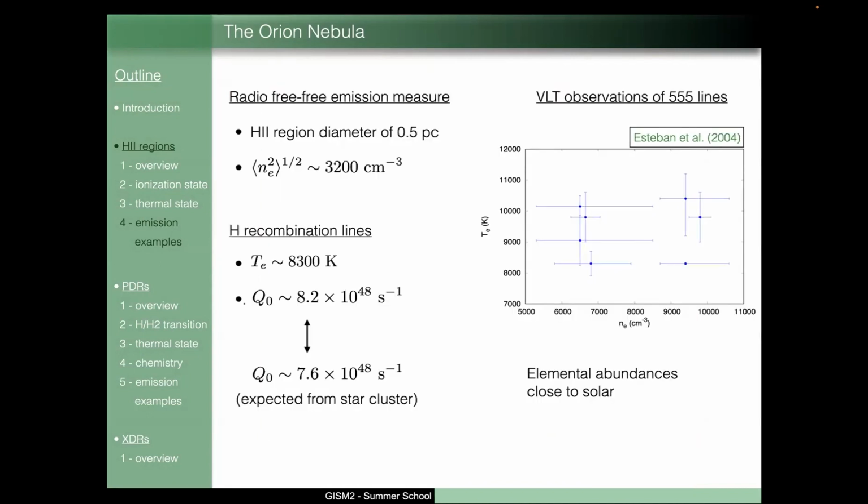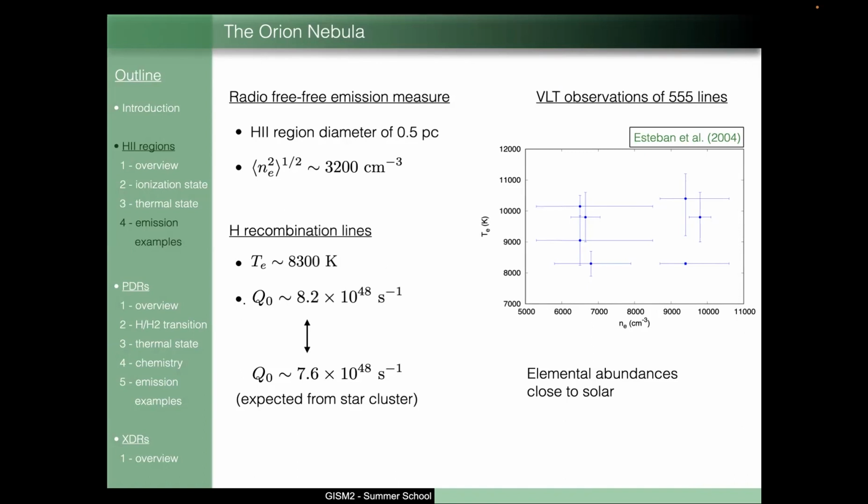So what did we extract out of all this, the observation of the Orion Nebula? Basically, these are the main characteristics of the Orion H2 region. Typically from radio free emission measure, you can get the size of the H2 region, which is about 0.5 parsec, but you can also have an estimation of the electron density, which is about 3×10⁻³ particles per cubic centimeter.